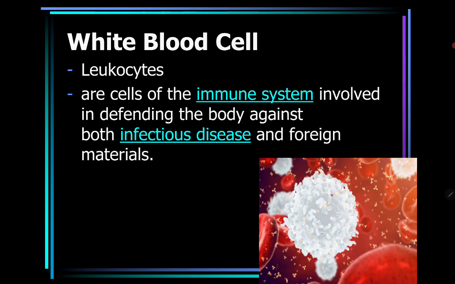White blood cells are divided into granulocytes and agranulocytes, distinguished by the presence or absence of granules in the cytoplasm.